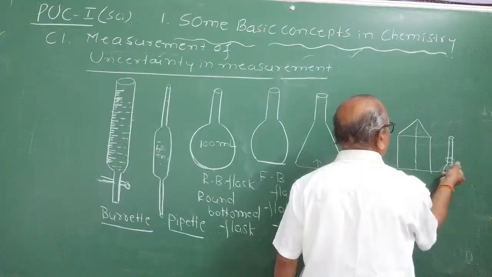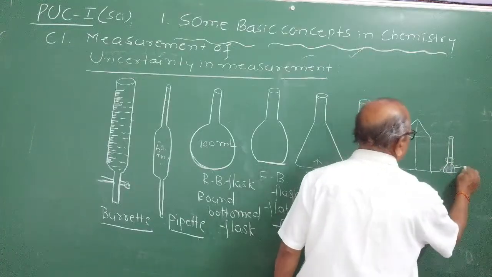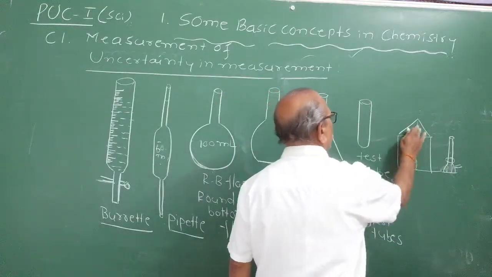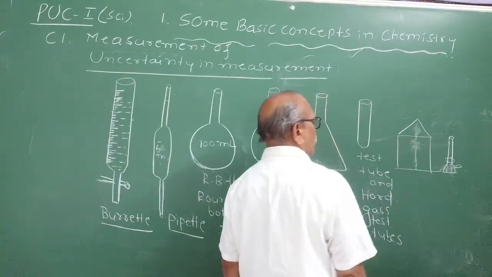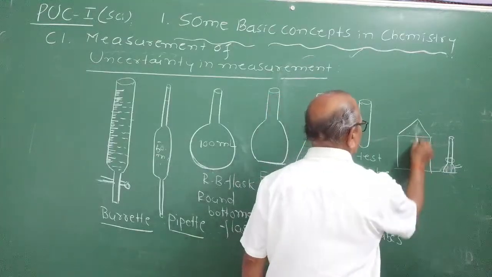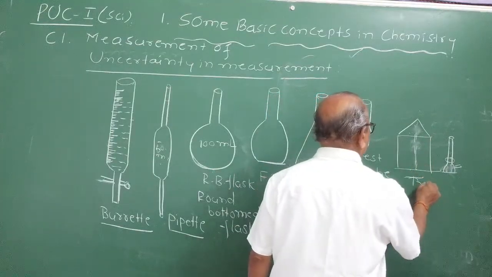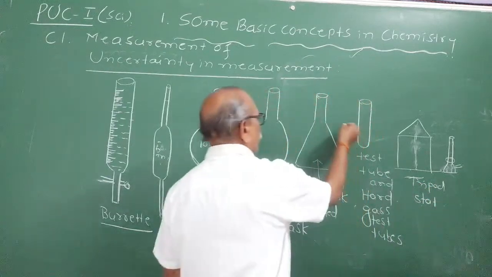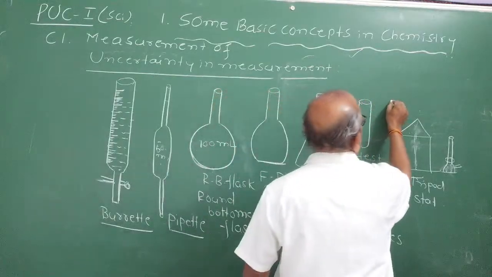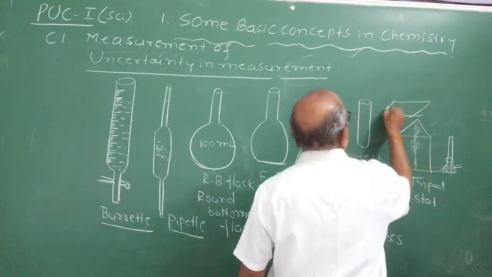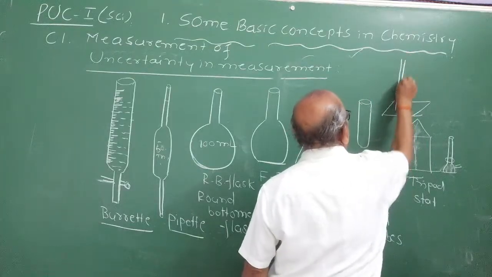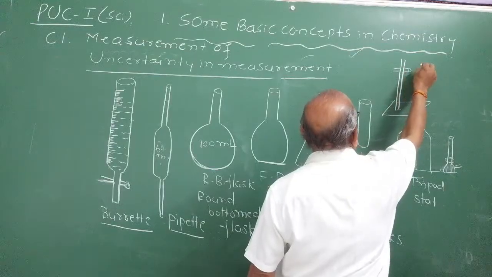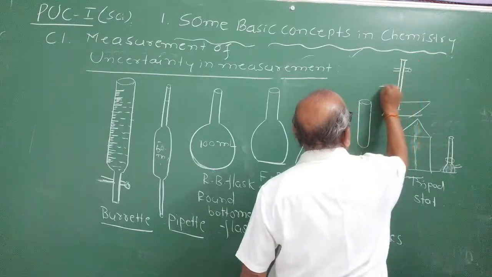There will be a cylinder, tripod, a stand used for heating purposes. 3 legs will be there. Tripod stand. There will be a stand like this. Stand arrangement to fit a flask. So that if you want to fit a flask here, you can use the stand.